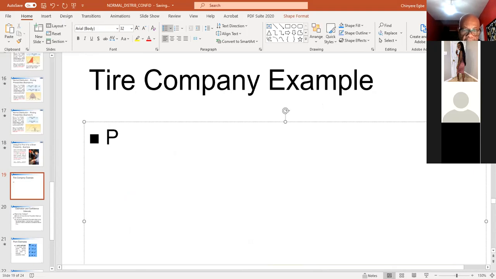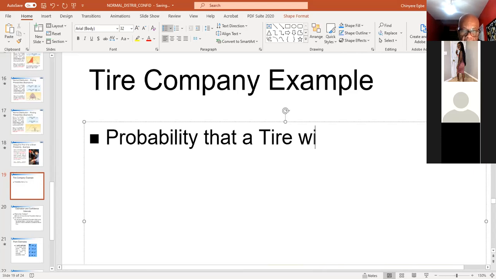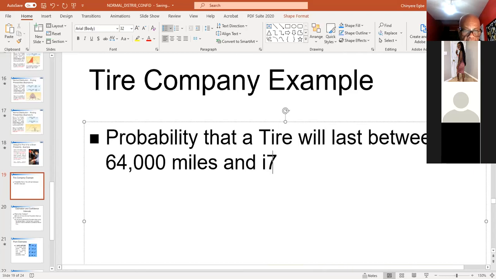What is the probability that a tire will last between 64,000 miles and 72,000 miles?